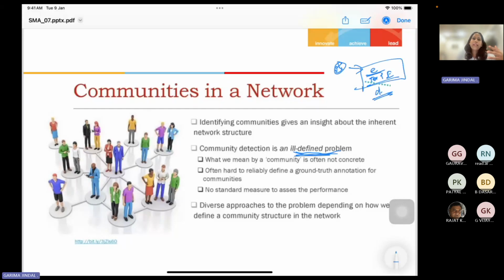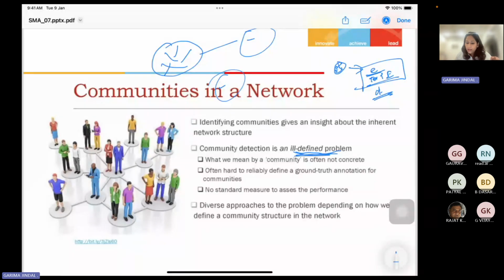Now intuitively, you can think that communities have dense connections within as compared to other groups or other communities. So the intuitive definition of communities is that within a community there will be more connections amongst each other than connections with the outside world or outside groups.